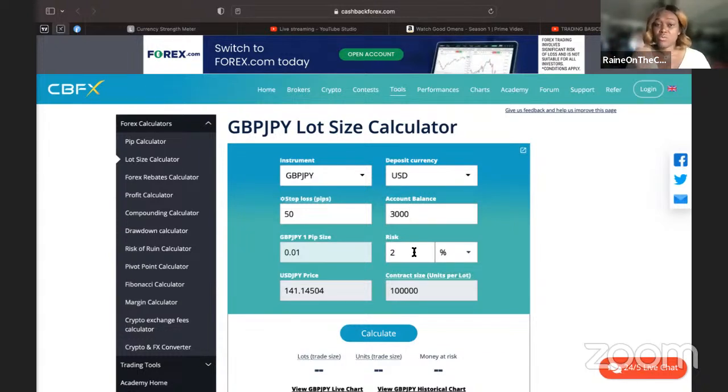Do you want to risk 1, 2, or 3% of your account? Whatever that is, you're going to just put that there. 1% is the least that you can have. So put in 1%. Some people may want to do 0.5%, whatever it is, you divide it by 2. And then you just hit calculate.